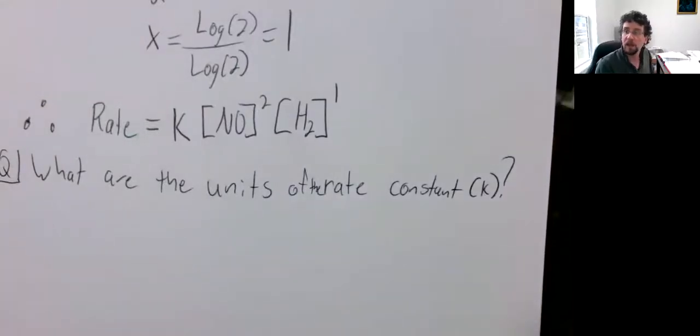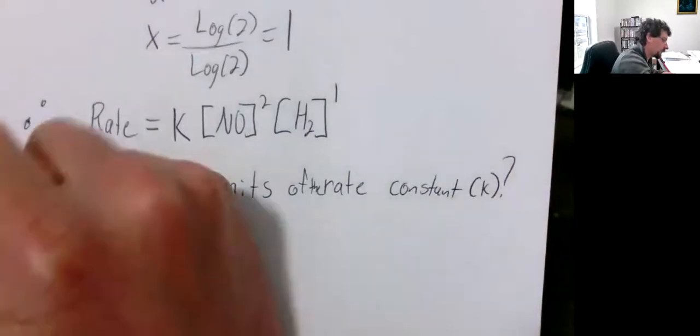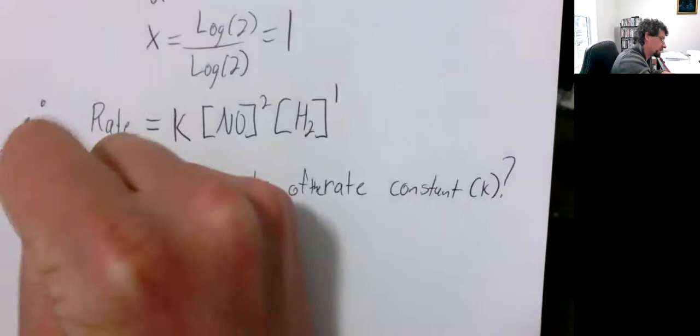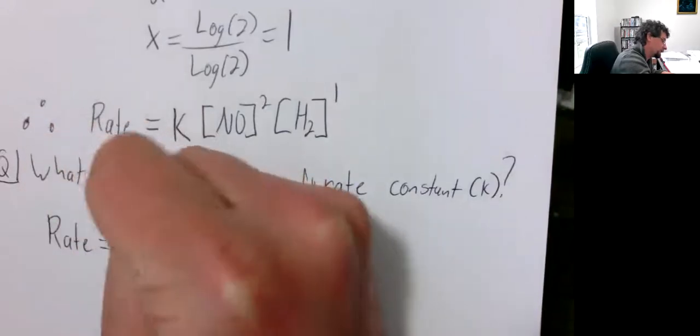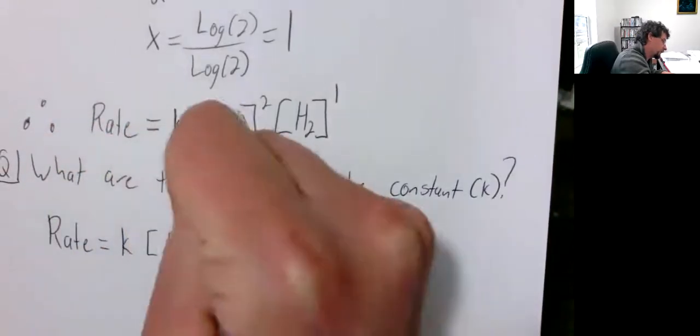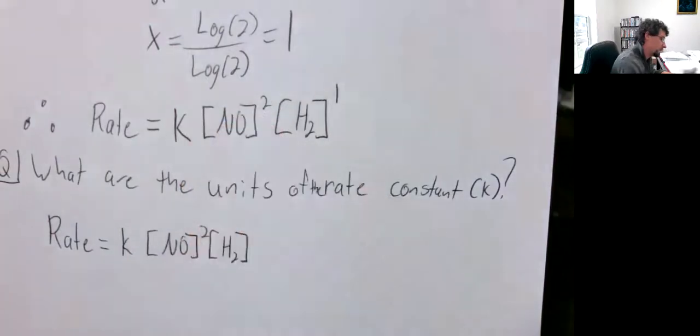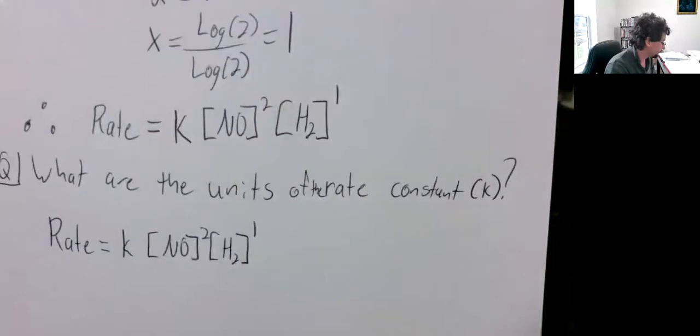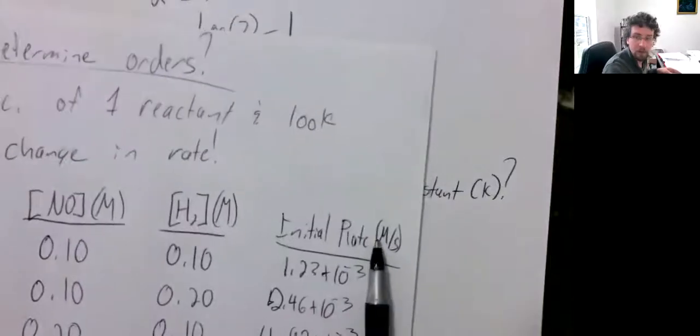This is going to depend on the rate law of whatever reaction we're considering. So in our case, we have rate is equal to k times NO squared and H2 to the power of 1. We know our rate based upon our table. Our rate has to be in molarity per second.